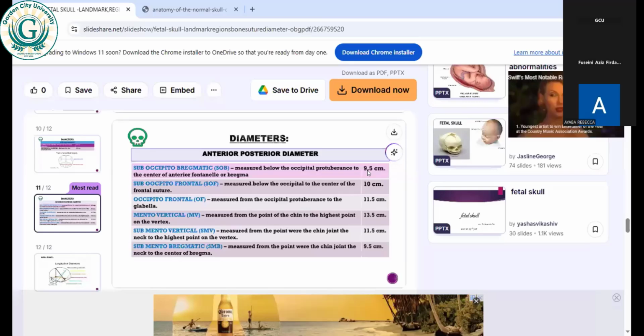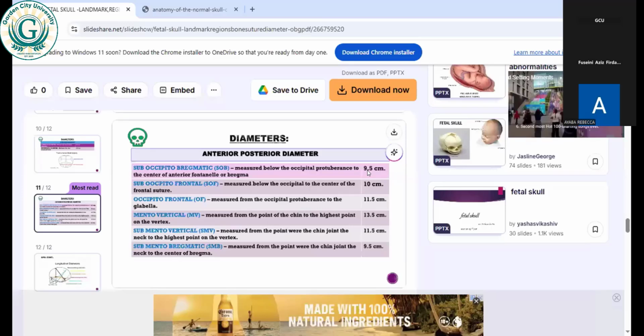As the name suggests, suboccipitobregmatic is from the occipital protuberance to the bregma, and we know the bregma is the anterior fontanelle. It measures 9.5. We are moving on to the second longitude.